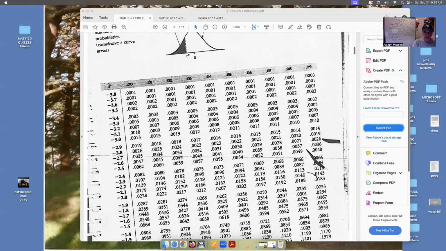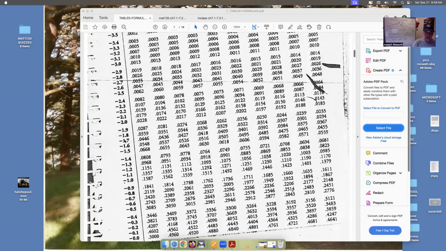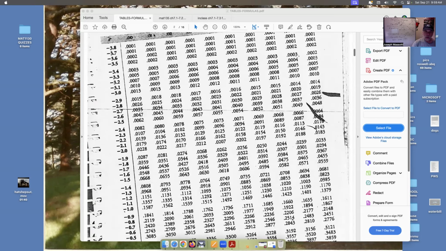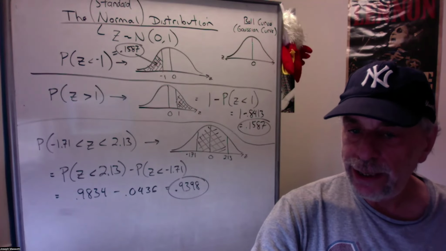So I use the second page of the table. I go to negative 1.7 over to the 0.01 column, and I see that number is 0.0436. So I subtract this number from the previous number, and I get my answer of 0.9398.